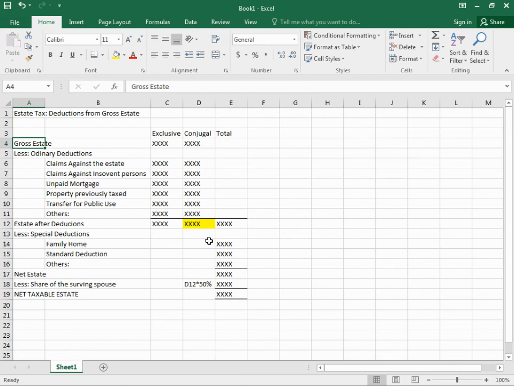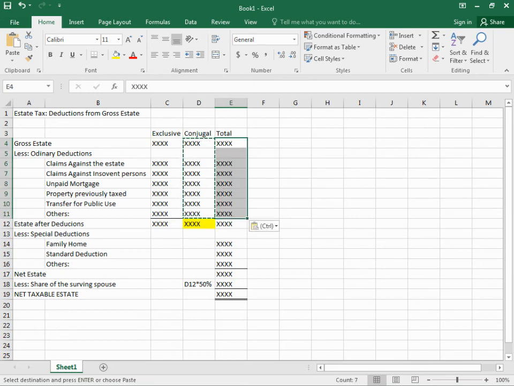So, first, we will get our gross estate, which will be classified as to exclusive and conjugal properties. Ayan.